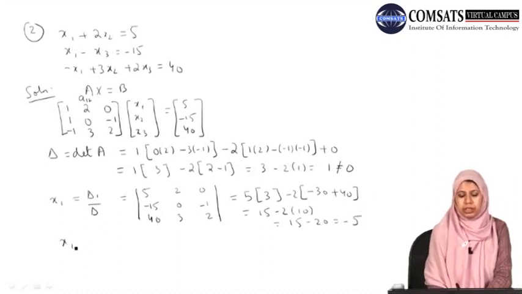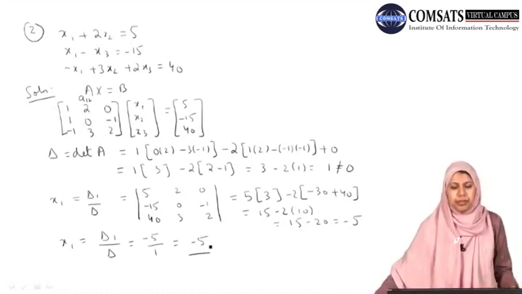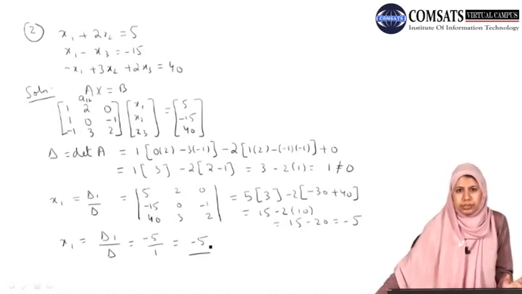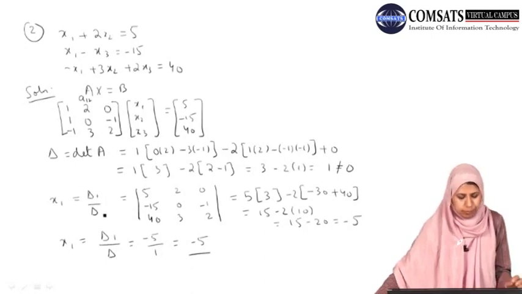And x1 is simply the ratio of the determinants delta 1 over delta, which is minus 5 over 1, which is minus 5. Next we have to find the values of unknowns x2 and x3 by first calculating the determinants delta 2 and delta 3.